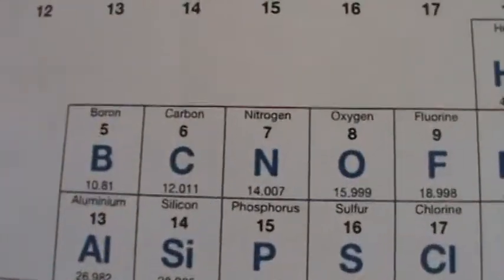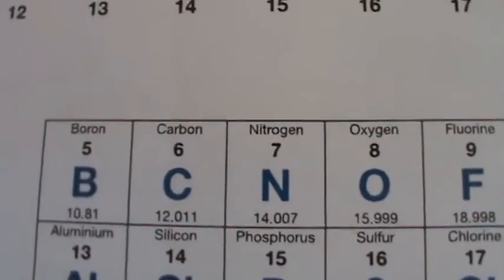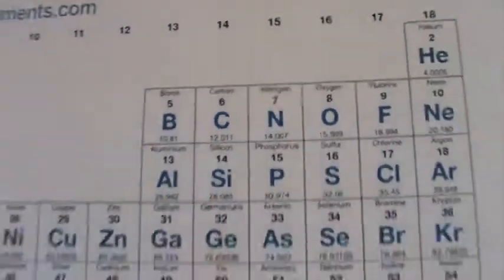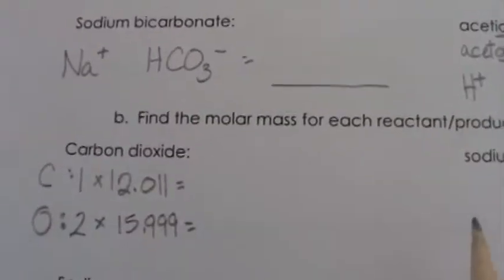But you would be finding them, for example, there's carbon and oxygen, and this is the periodic table that you were supposed to print.